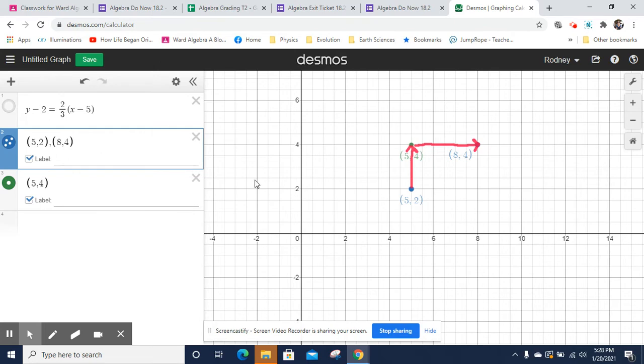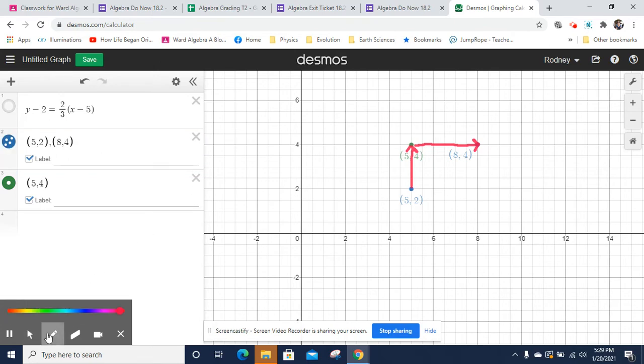By the way, we could have gone the other direction as well. And I'll map that in blue. We can go -2, -3, because -2 over -3 is the same as +2 over +3.